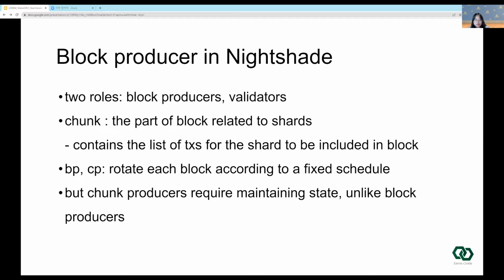The block producers have an order and repeatedly produce blocks in that order. Since chunk production, unlike block production, requires maintaining the state, and for each shard only some block producers maintain the state per shard, correspondingly only those block producers rotate to create chunks.